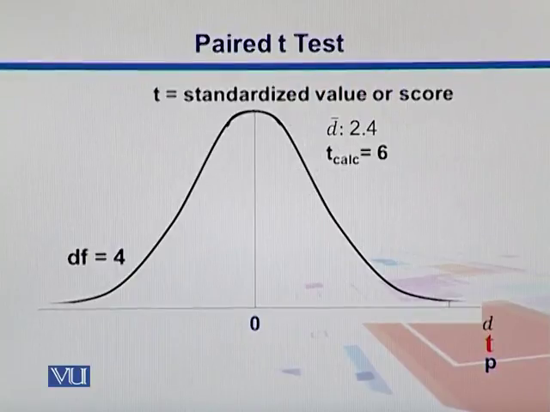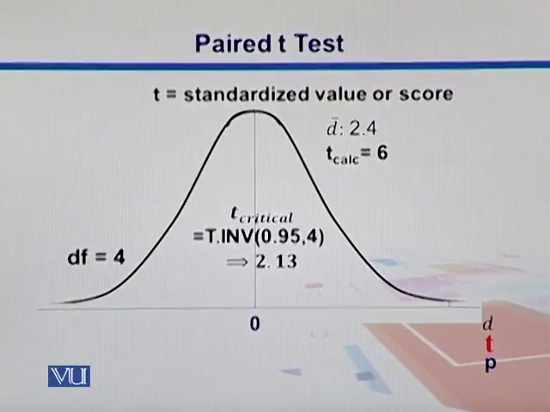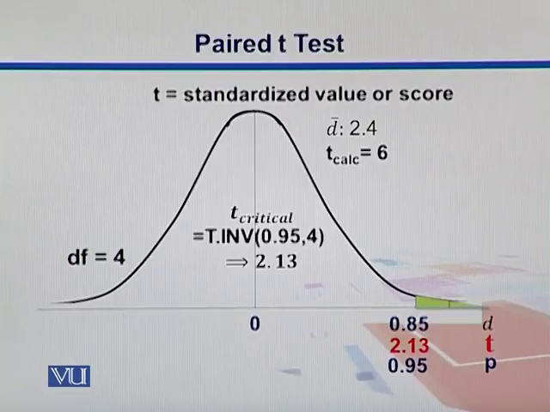When we draw that curve, our critical T at 0.95, that is 95% up to that point and 5% towards the right, is 2.13. Any calculated T greater than 2.13 is a significant event. In terms of difference, this number should be greater than 0.85.